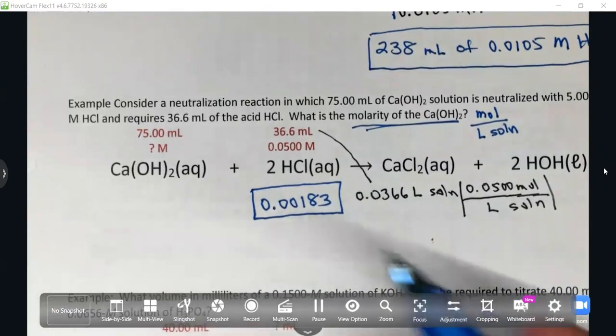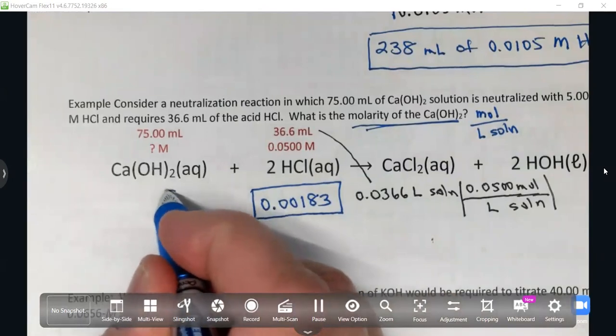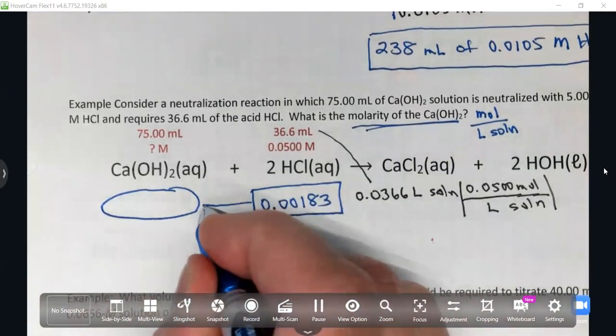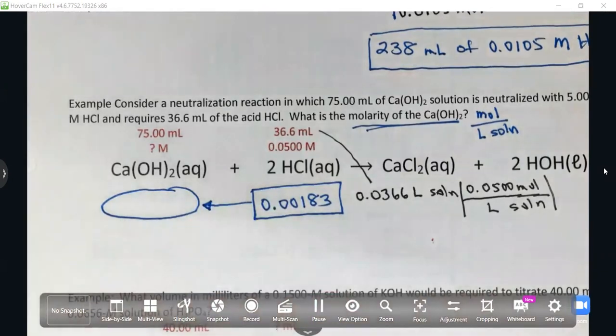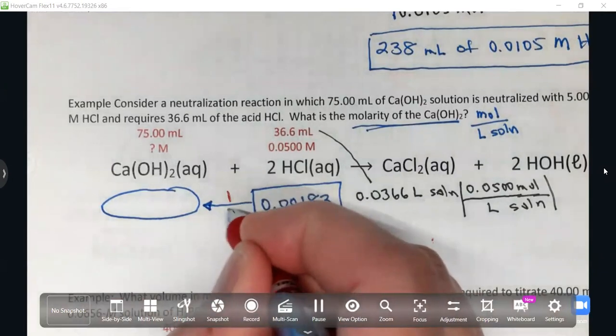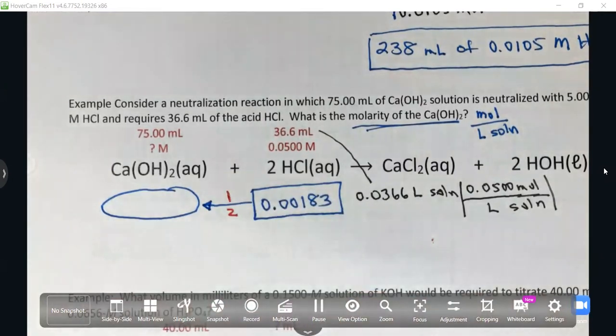And then how many moles of calcium hydroxide is it going to take? My mole ratio fraction is 1/2.